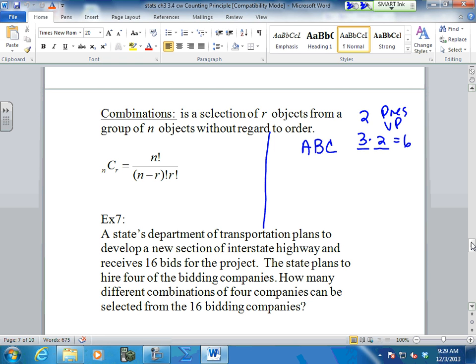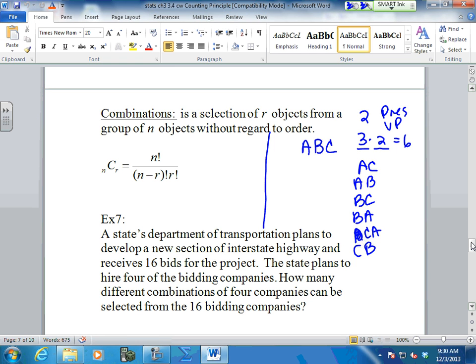6, right? You have AC, you have AB, you have BC, you have BA, and you have CA and CB. And you have 6 unique ways to send a president and a vice president to the office, right?